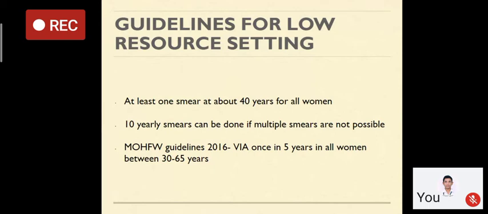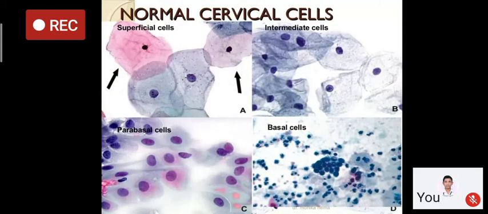The Ministry of Health and Family Welfare of India in 2016 recommended that visual inspection using acetic acid be done at least once in 5 years in all women between 30 to 65 years of age, in low resource setups. Otherwise, the ASCCP guidelines are: after 21 years, every 3 yearly, or if combined with HPV after 30 years, it can be done every 5 yearly till 65 years of age.